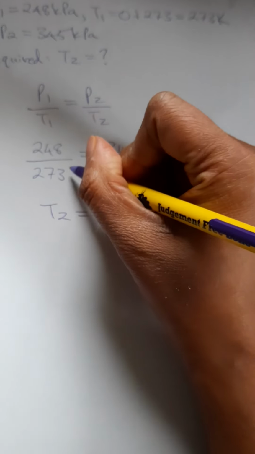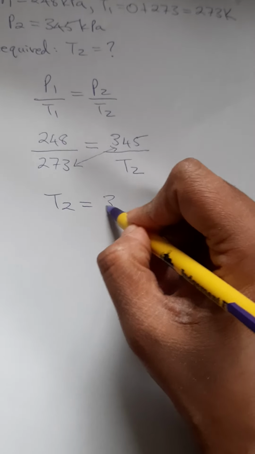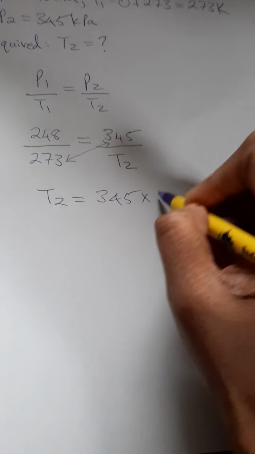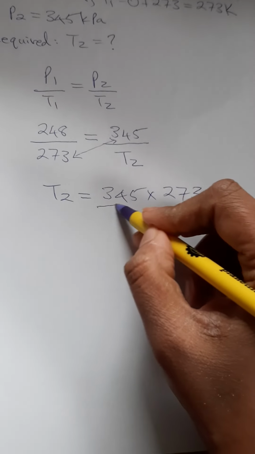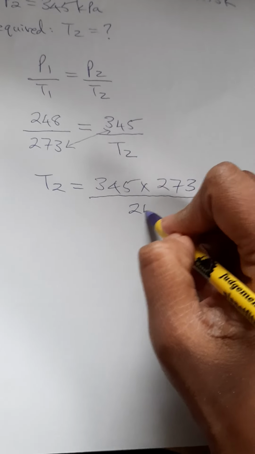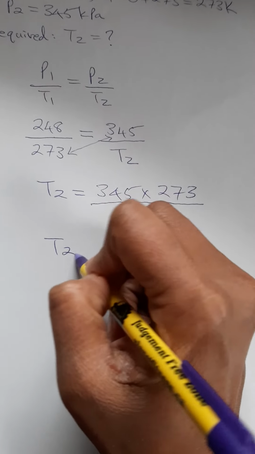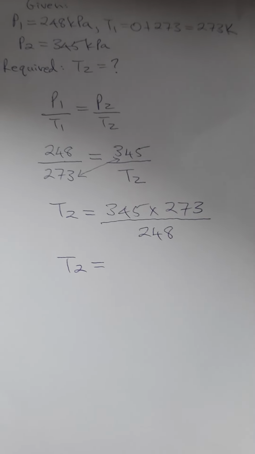This time when you cross multiply, make the arrow like this so you can see it. 345 times 273, and then you're always dividing by the third term here, which is 248. This is going to be our value for T2.